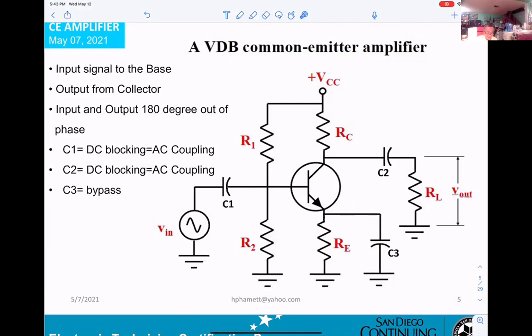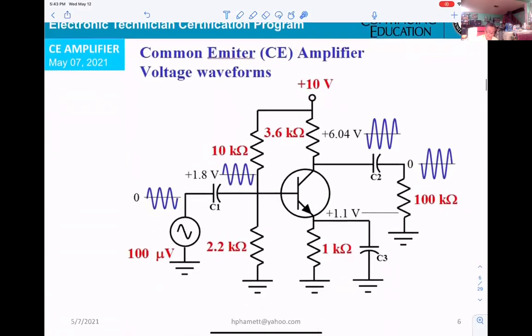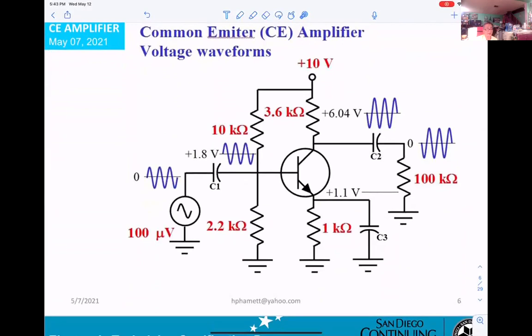Okay, so that is for the common emitter. And this is very good for the technician. When you're looking into this circuitry, it tells you everything about the common emitter. You get a sine wave here, and the same sine wave goes to the base. However, you don't have any sine wave at the emitter, because it is bypassed.